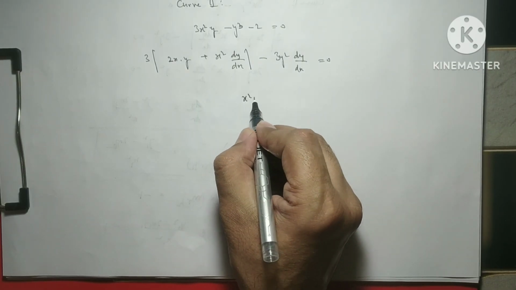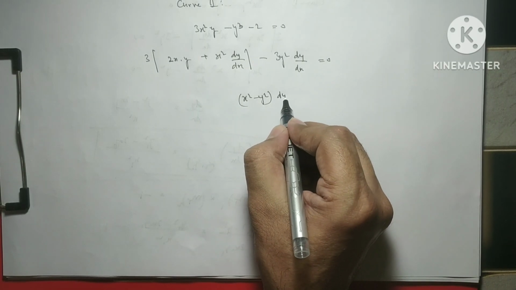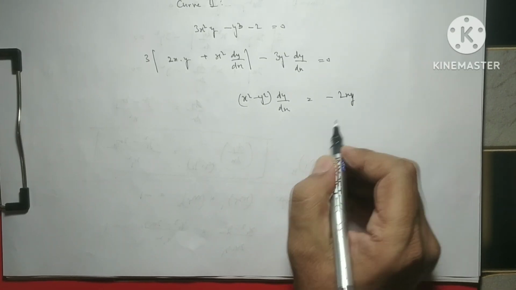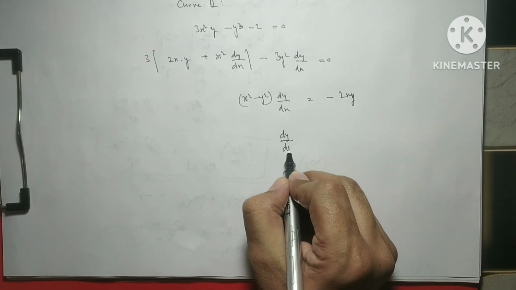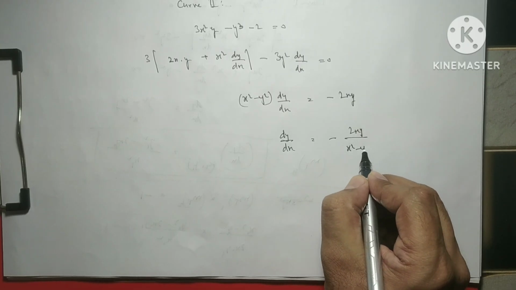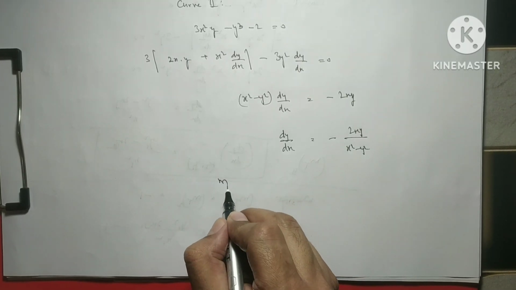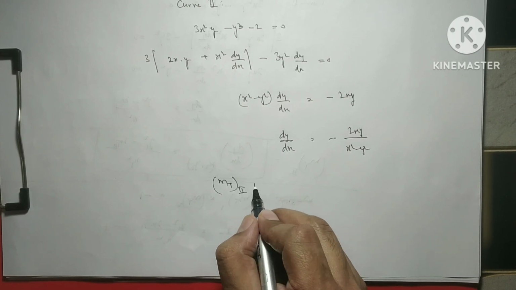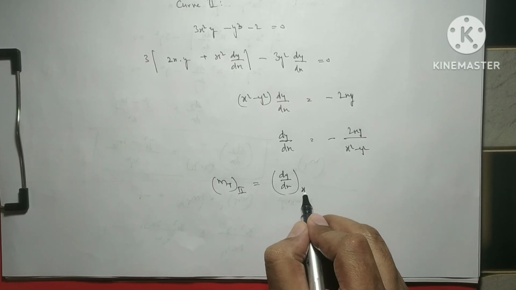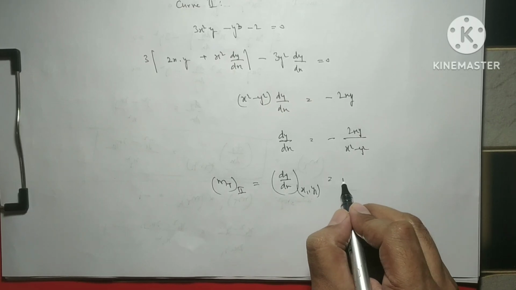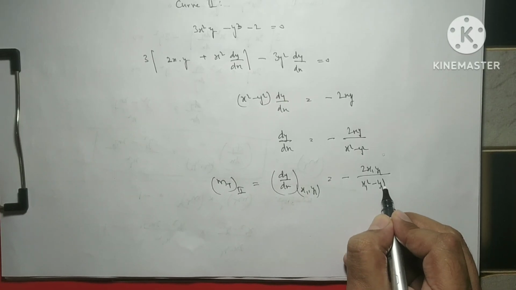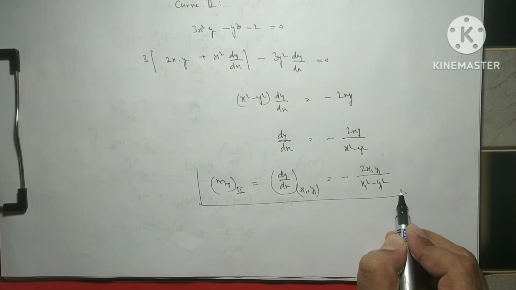So x square minus y square dy over dx equals to minus 2xy. It means dy over dx is minus 2xy over x square minus y square, and the slope of the second tangent at the point of contact will be dy over dx at x1 y1 is minus 2x1 y1 over x1 square minus y1 square. So this is the second slope.